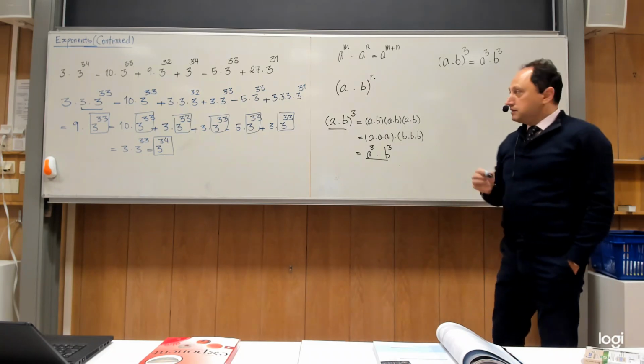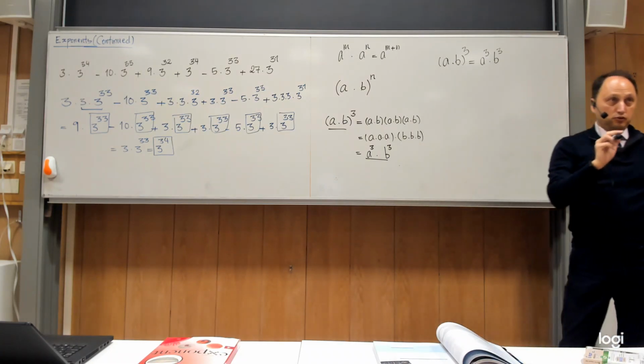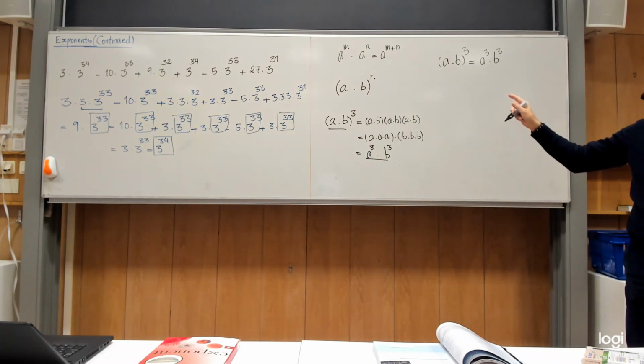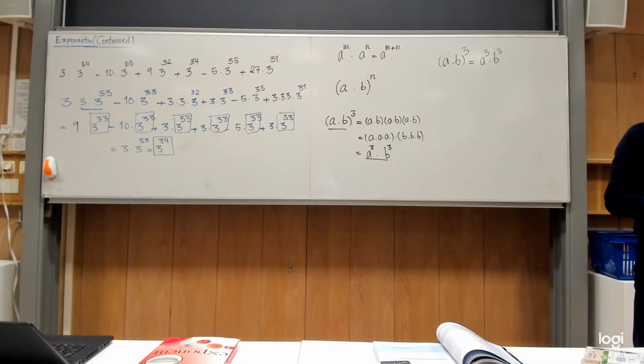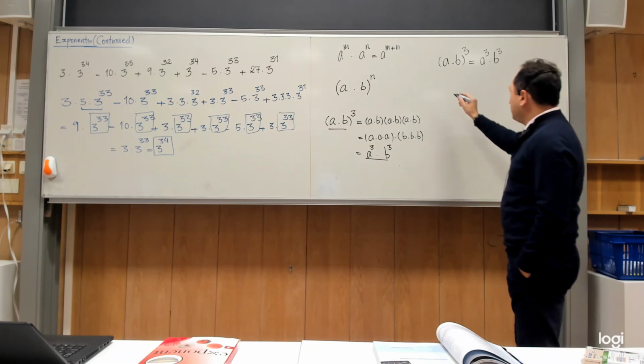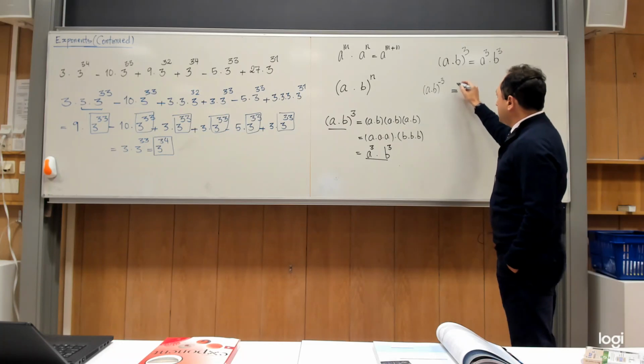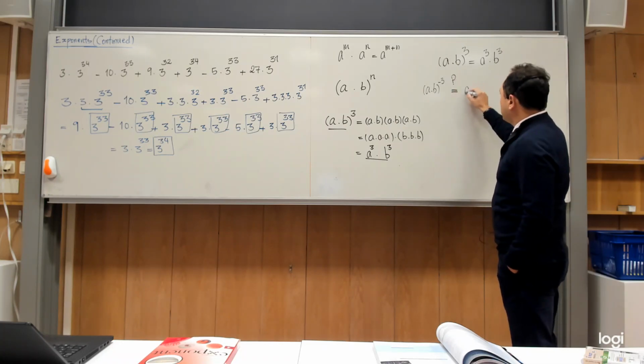But you need to be a little bit careful for negative powers. Yes? So let us see, if I change this to negative 3, is it still true that this is the case?